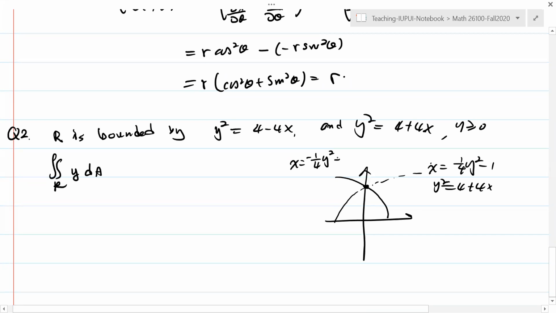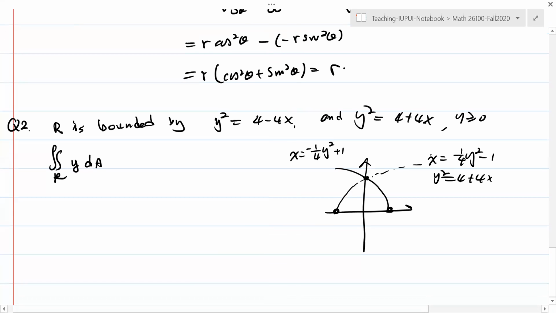When y is squared, it opens to the left and to the right, because y is squared and x is just one variable. The other one opens downward.